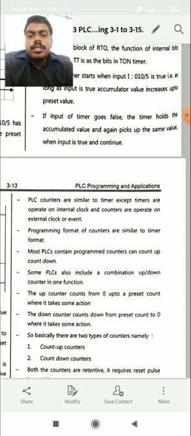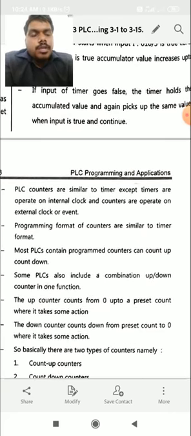Timers operate on the internal clock, and counters operate on external clocks. Note down this point: counters operate on external clocks and timers operate on the internal clock.